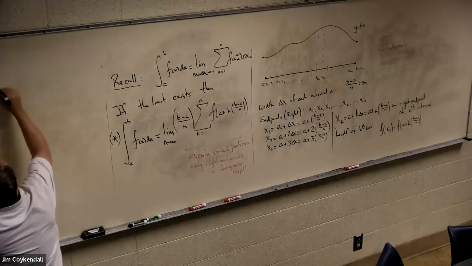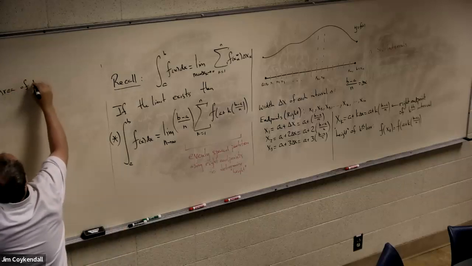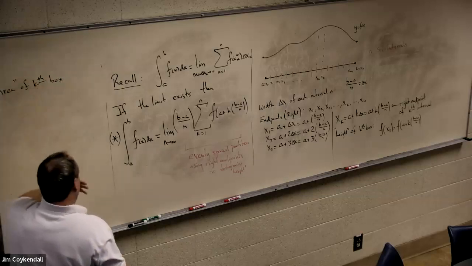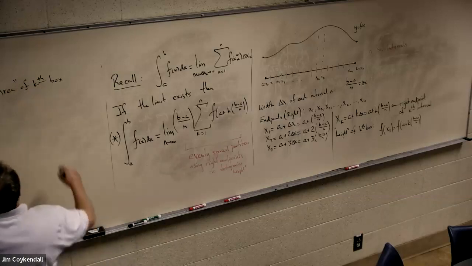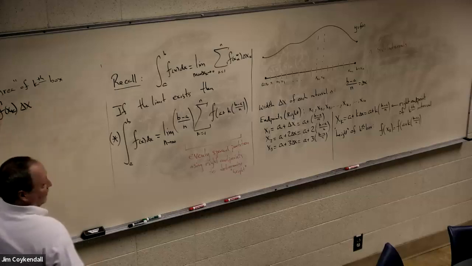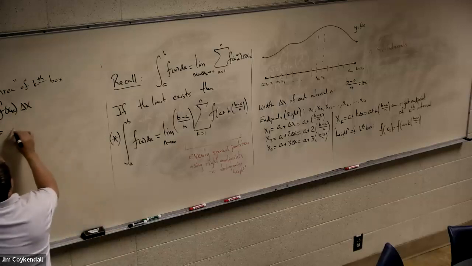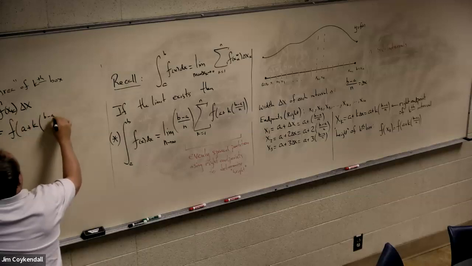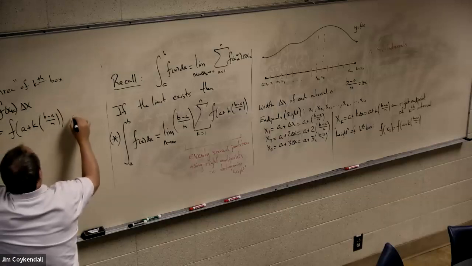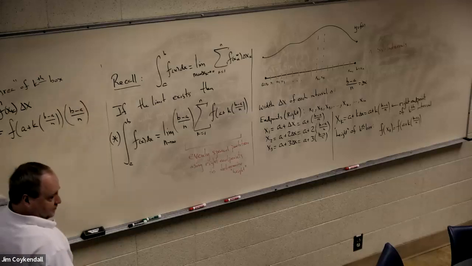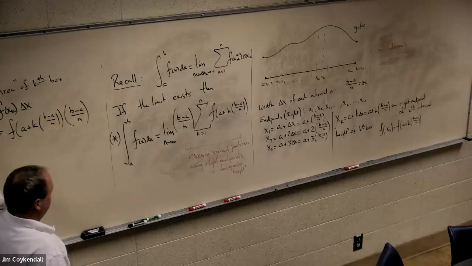So area of the kth box, and again, I'll put area in quotes because it can be negative. f of xk, that's the height, times delta x, because that's the width. So this is f of a plus k times (b minus a) over n, times delta x, which is (b minus a) over n.